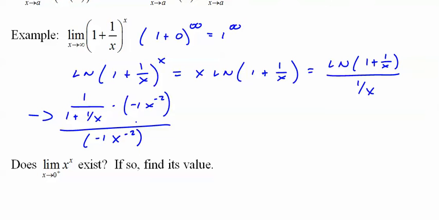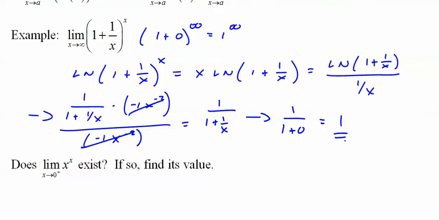Oh, look at that, they cancel. We end up with 1 over 1 plus 1 over x. If I put an infinity in there, I get 1 over 1 plus 0 equals 1. You think we're done, but we just took this random natural log. We can't just do that. We have to now undo that by going e to that 1. So that's our answer, e.